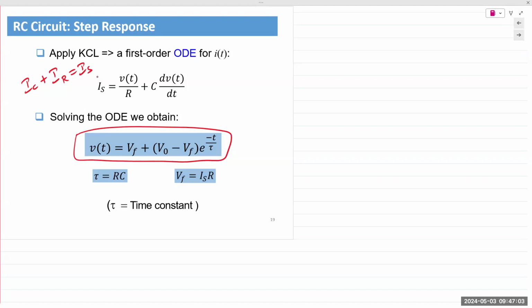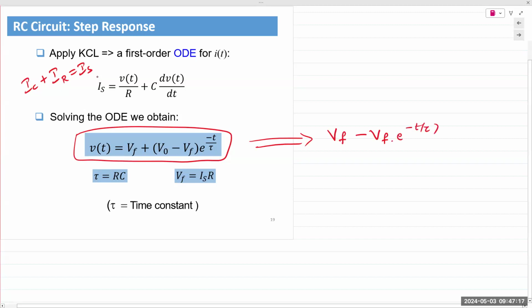Voltage as a function of time is V(t) = Vf + (V0 - Vf) e^(-t/τ). Same thing here. If it's fully discharged and V0 is 0, then it simply becomes Vf - Vf e^(-t/τ). t is the variable. Tau is the time constant, the product of the resistor and the capacitor.